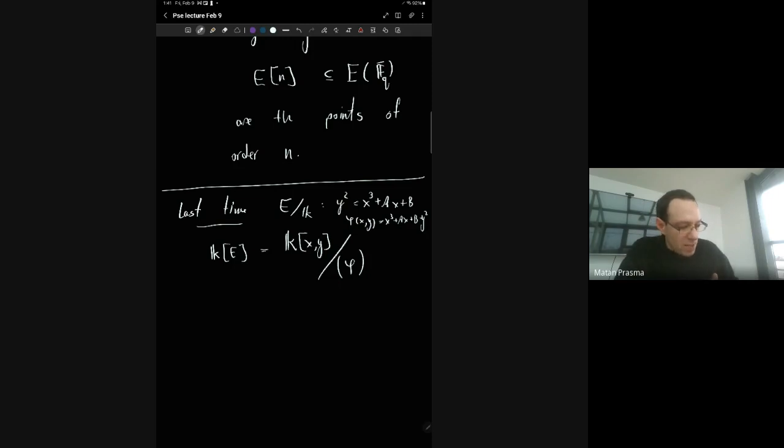But the analogy, you should take it with a grain of salt, because in the case of one variable, let's say K[x] over a polynomial phi(x), we could do actual long division.